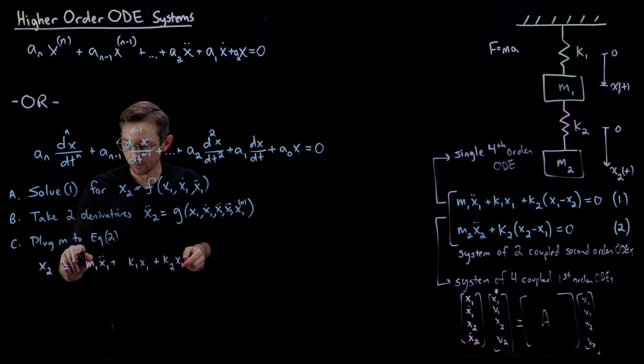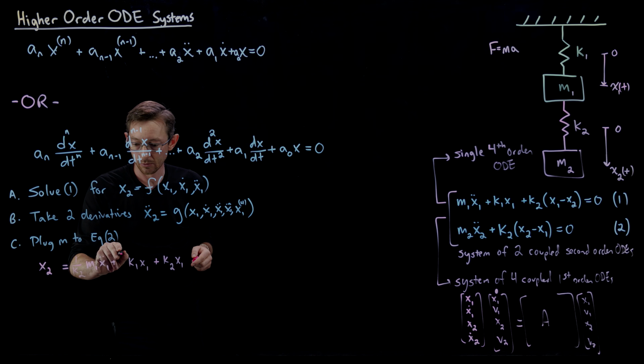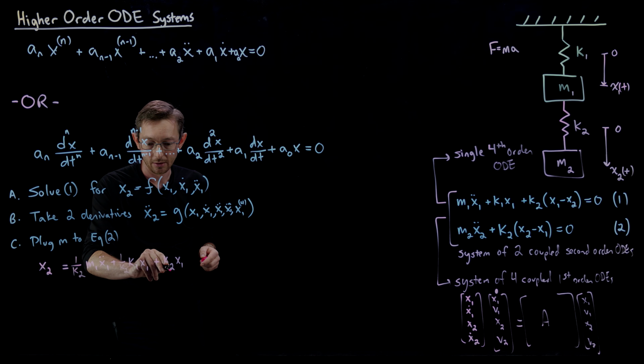So this is 1 over k2, this is divided by k2.